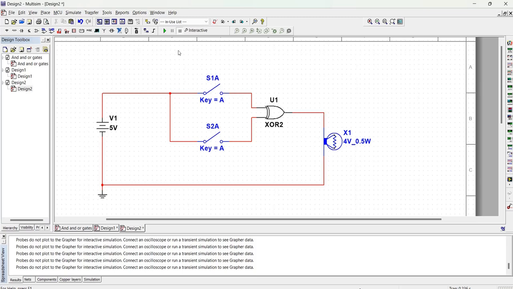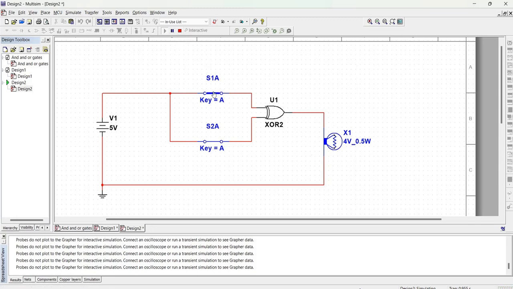When we run this simulation, we are always going to have a low because all the inputs are the same. Now it is running, and you can see we have a low output. What if they are the same by giving them a high state? Still, when I run this simulation, the output is low.